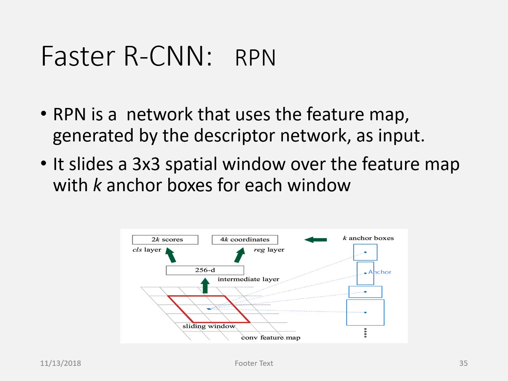Now here we see how the RPN works. Consider this as the feature map that the RPN requires as an input. In the feature map we use a 3x3 sliding window and generate anchor boxes for each sliding window.